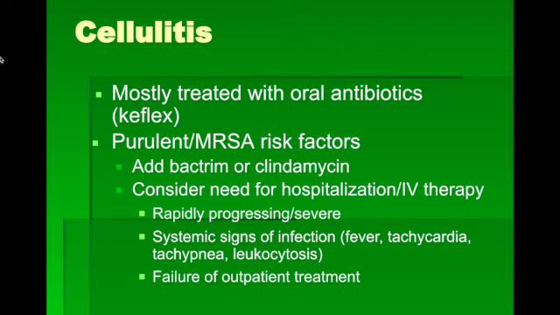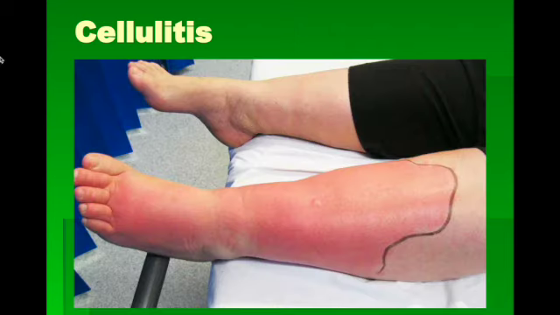So, what does failed outpatient treatment look like? Typically, when someone comes in and they have this red, swollen, tender area, you can see that the borders are a little bit hard to say where does this start and stop. But what we tend to do is we use a marking pen and then draw out a border to where we think that the borders are. And you give it 24 to 48 hours. You want to see it stop progressing.